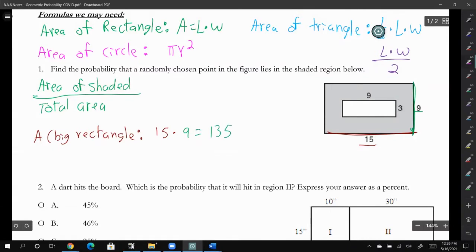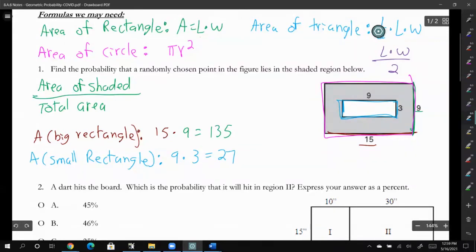So the area of this whole rectangle here is 135. Well, to get the area of the shaded part, I need to subtract this part right here, this smaller rectangle. So the area of the small rectangle is the length 9 times 3, or 27.